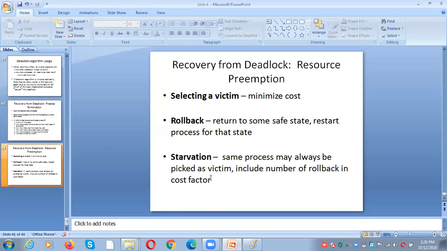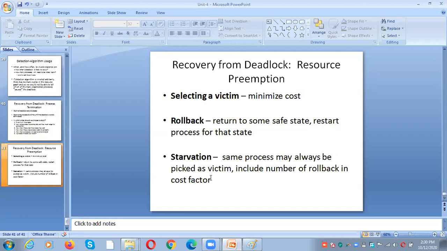So how can we avoid that problem? I already told you earlier when we talked about CPU scheduling algorithms: aging. Aging means if the process has a low priority, for the time being you can select it as a victim and remove it from the deadlock cycle. But again the process will enter the machine and be under execution. Again it may be in the cycle.